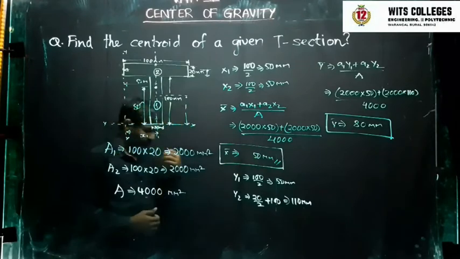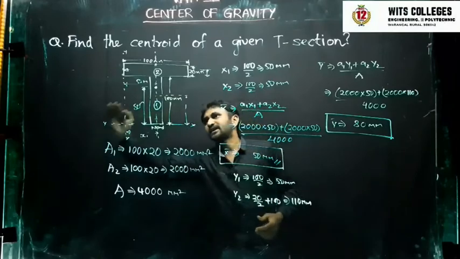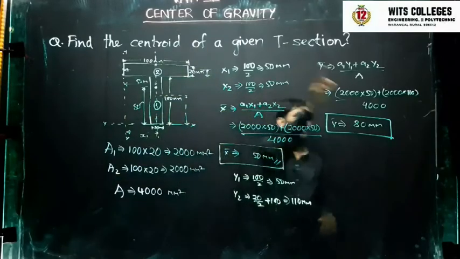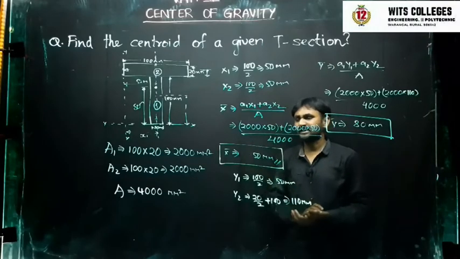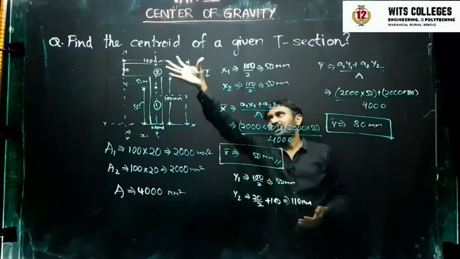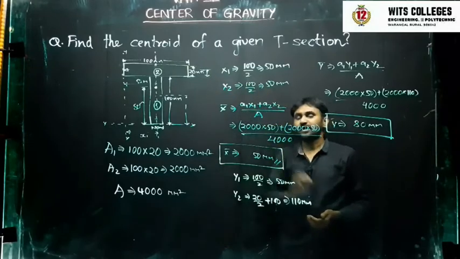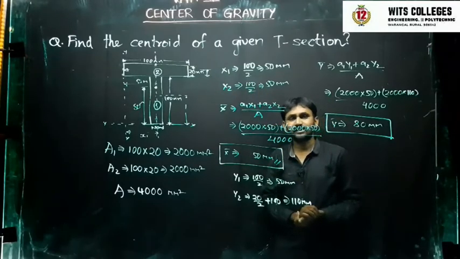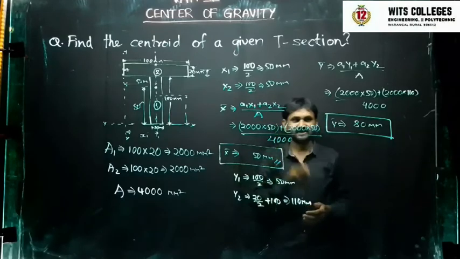So automatically you will get it directly. When I cut in the horizontal direction, this is an unsymmetrical section, so that's why I have to solve this. So generally if it is a symmetrical section, x bar is the topmost number divided by 2. X bar can be calculated for symmetrical sections very easily.